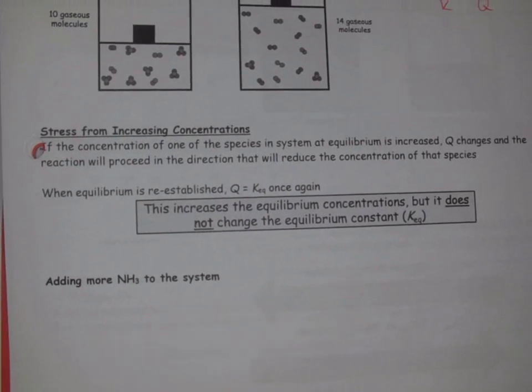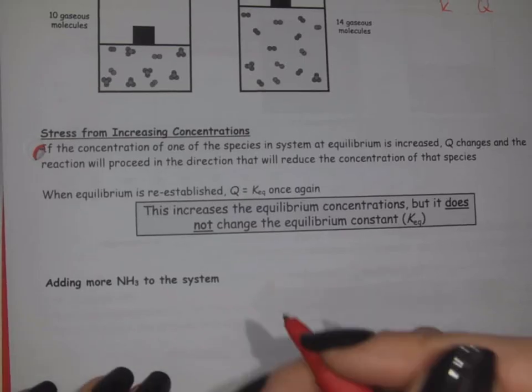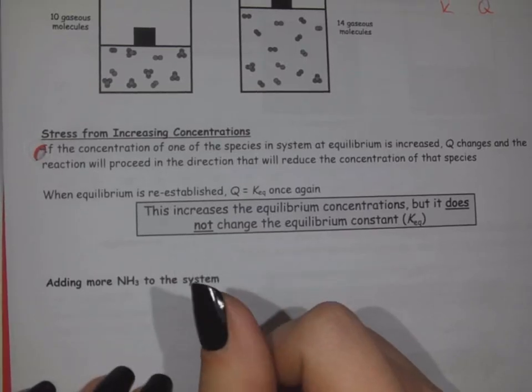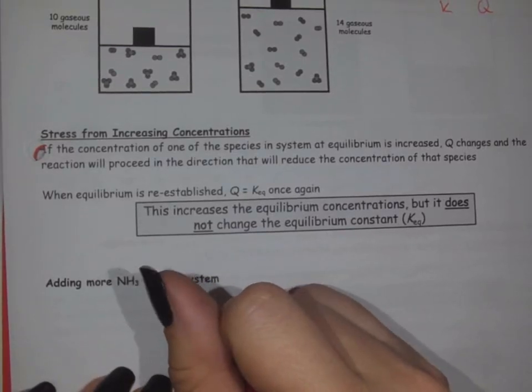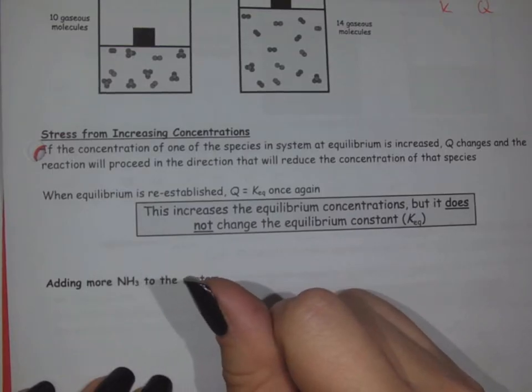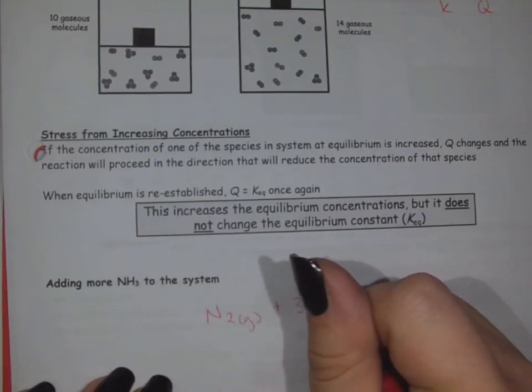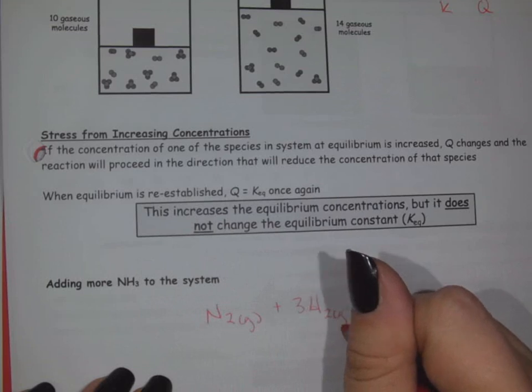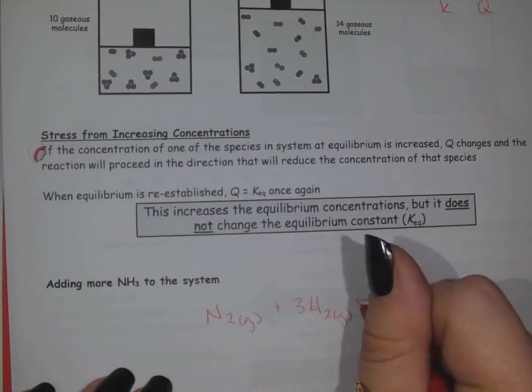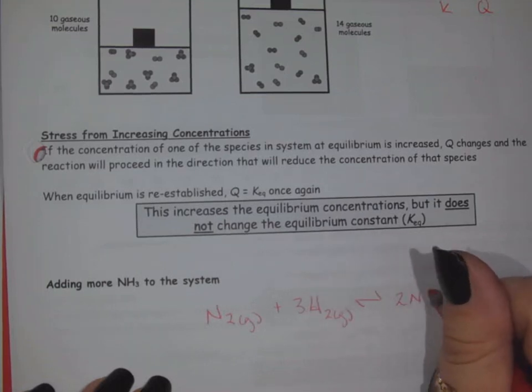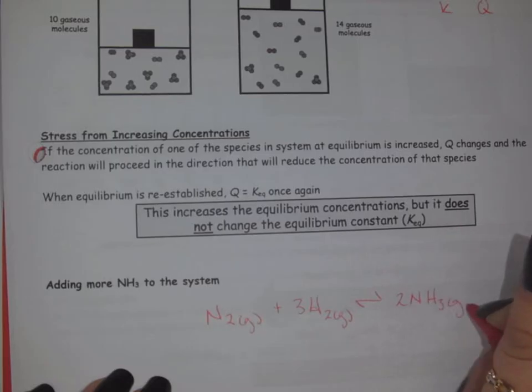So I'm going to have the same reaction. I'm going to rewrite this for us. So I have N2 gas plus 3H2 gas results in 2NH3 gas.